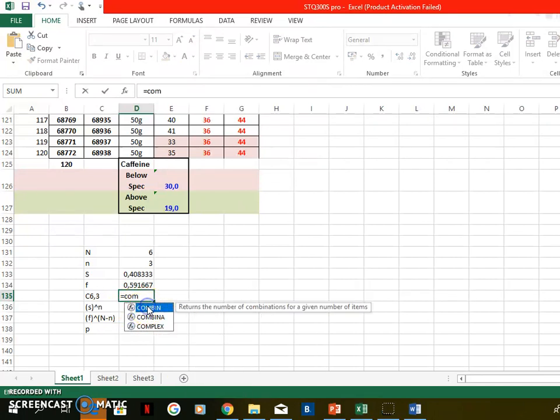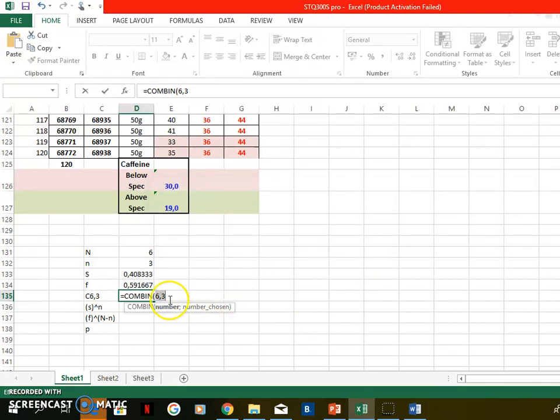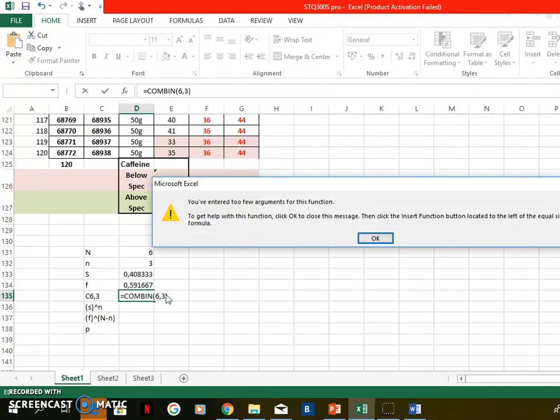You click on combine, then you put 6, then a comma, 3, close the brackets, and then you enter.